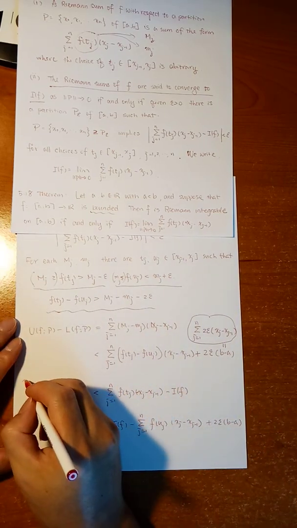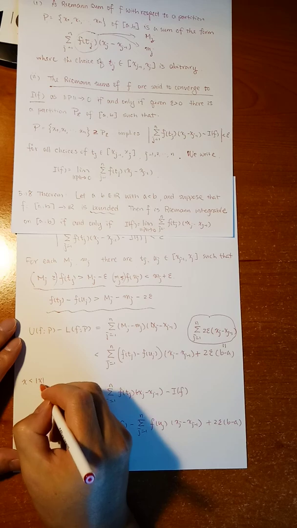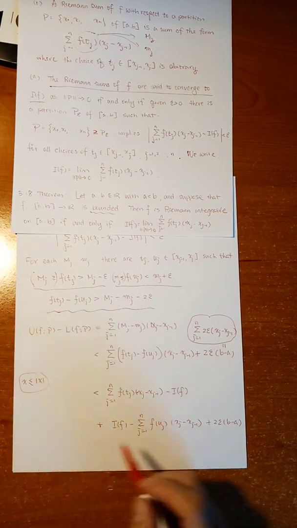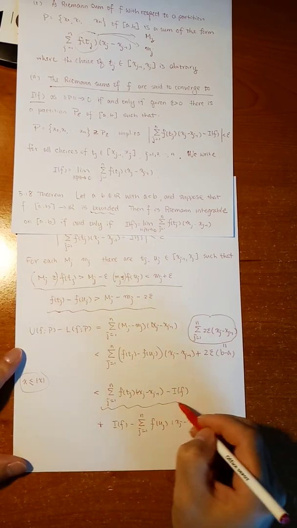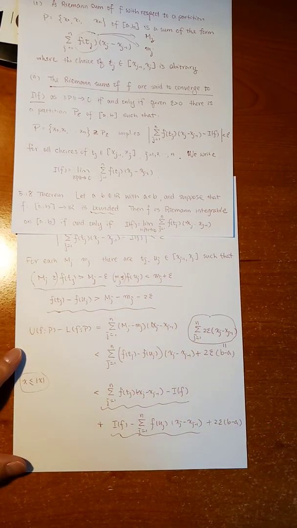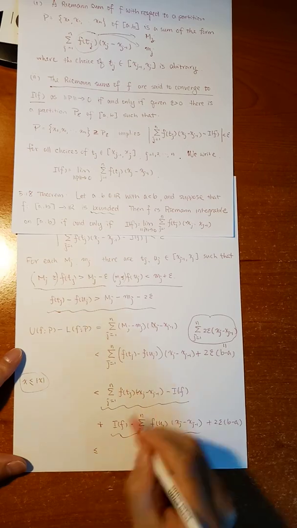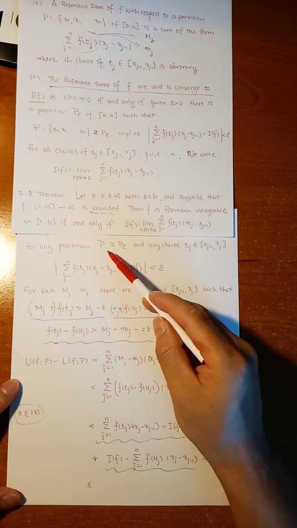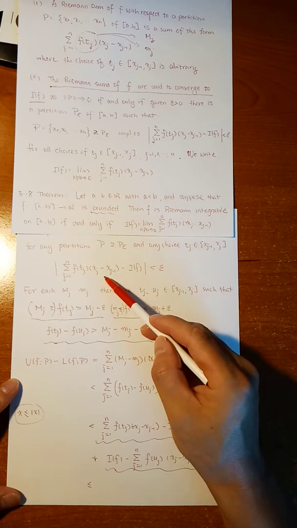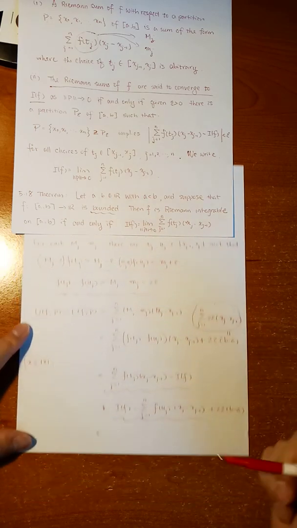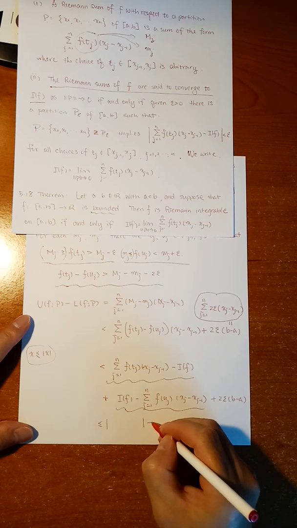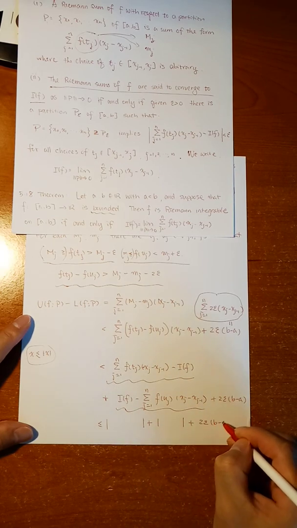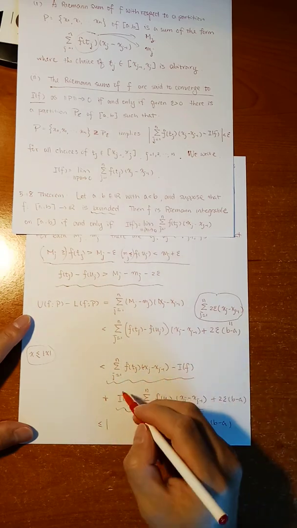And remember that this inequality always holds: x is less than or equal to the absolute value of x. So I'm going to consider this as one quantity, and this as one quantity. Here it's less than or equal to, remember, for whatever partition containing this P_epsilon, this absolute value is always less than epsilon. So once I put absolute value, and the 2 epsilon (b minus a), I just put the absolute value for these two terms.